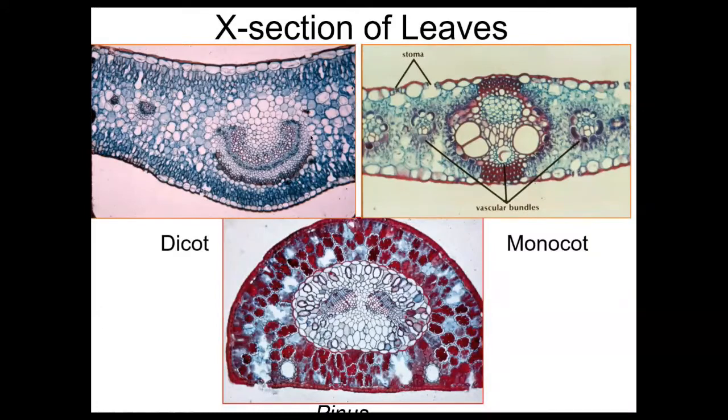But over here in this dicot, we've got phloem fibers, we got secondary phloem, and we got the xylem up here. And then we've got these stomatal openings, which are in the epidermis. That's where the gaseous exchange takes place.